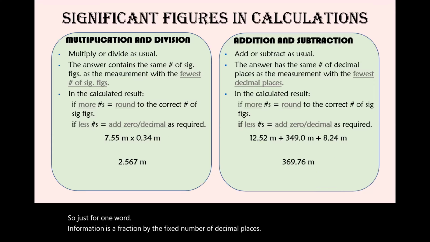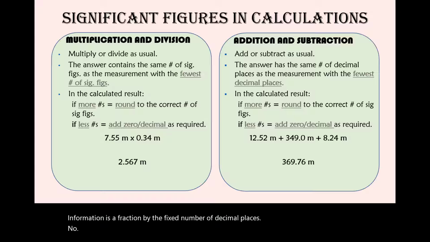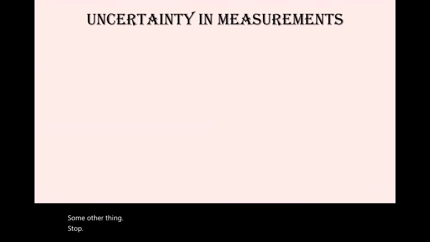Alrighty? So let's look at some other things related to measurements. Sometimes what can happen is after we do a measurement, we might have some uncertainties in our measurements, which can depend on a lot of things. It can be instrumental errors, it can be human errors, a lot of things that can lead to uncertainties in our measurements.